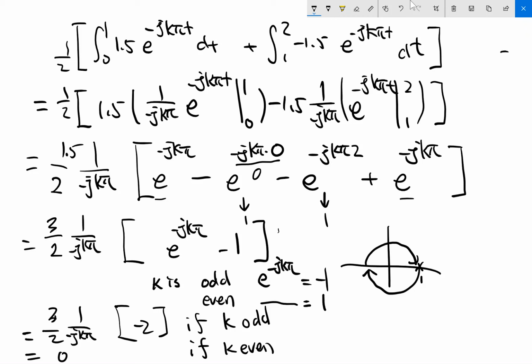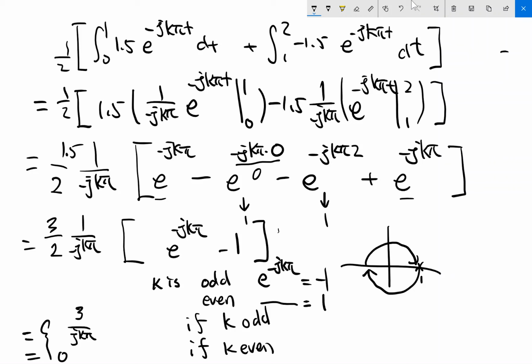If we continue to simplify, minus 2 can be cancelled with that 2 and that minus. So this 2 disappears, this minus disappears, and just a 3 is here. So this is the answer.